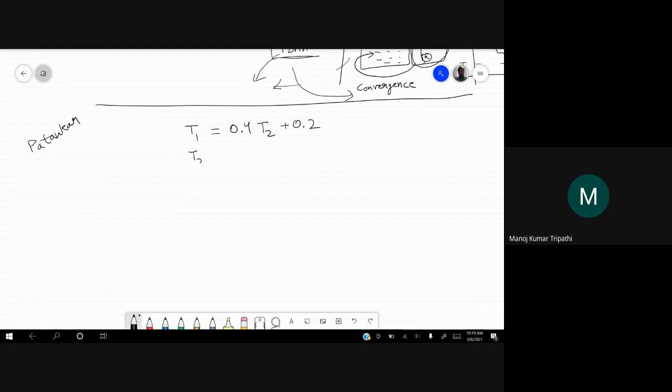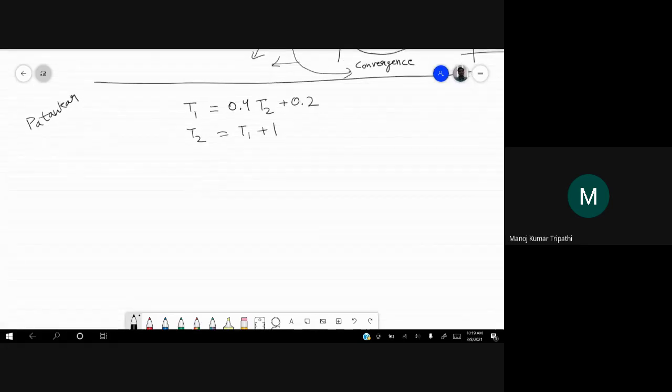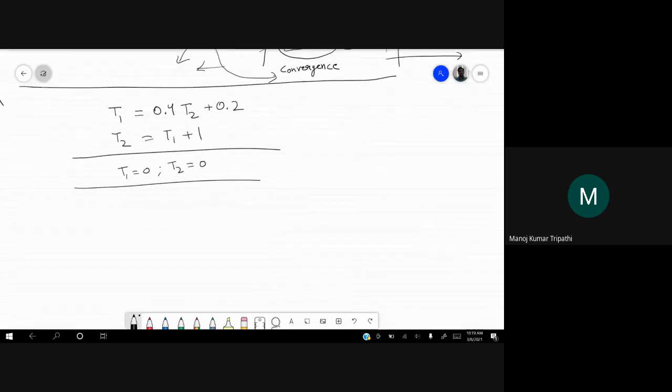And let's say the second equation is T2 equals T1 plus 1, so that it is a closed system. You have two equations, two unknowns. Now let us start with some guess value. The most simple guess would be 0, 0. T1 is 0, T2 is 0. This is a particular method that we are using. This is known as the Gauss-Seidel method.